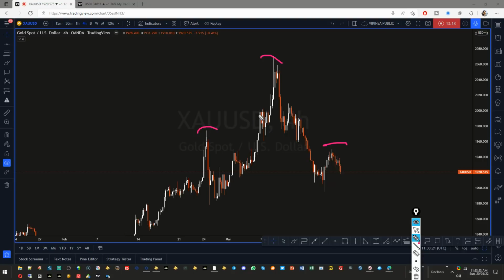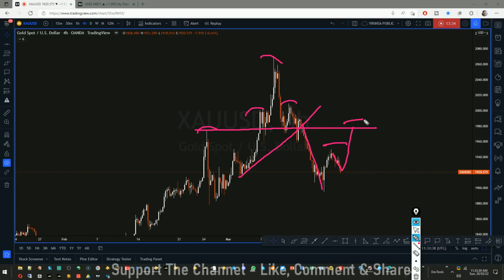Remember, I posted on the Telegram channel that we had a head and shoulders pattern, and that has played out very nicely. There was a trend line broken, and the market has fallen down very nicely since then. Now, if this market goes up, then it can come into this resistance level here, and it can form a head and shoulders. So these are all the scenarios that you can have.